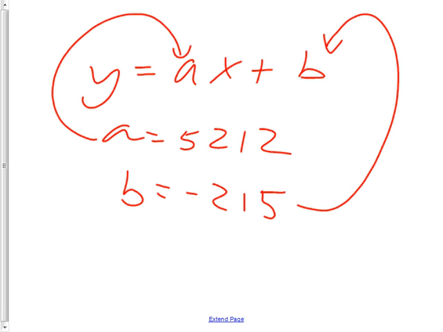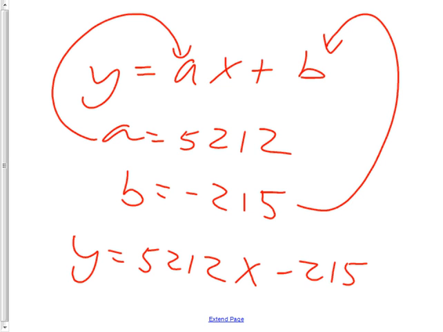So I've got llamas and time as my x and my y. So I'm going to write this out a little more clearly. So y equals 5212x minus 215.